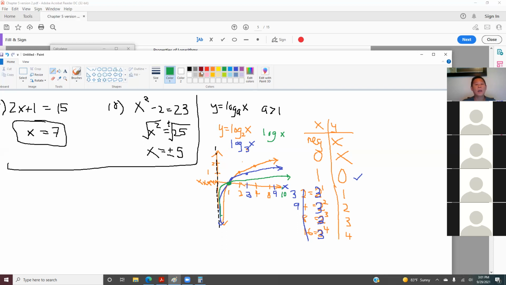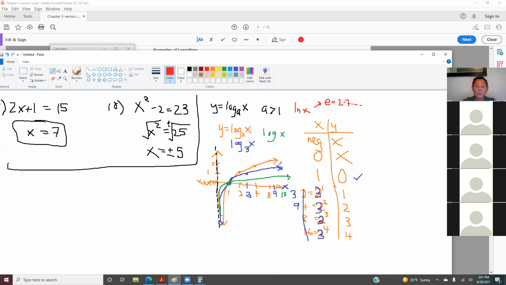Okay. And what happens if I want you to do ln x? Now we know that ln means the base is e, and e is 2.7 something. So we know log 2 x is the orange one, log 3 x is the blue one. So ln x is going to be log base 2.7 something.